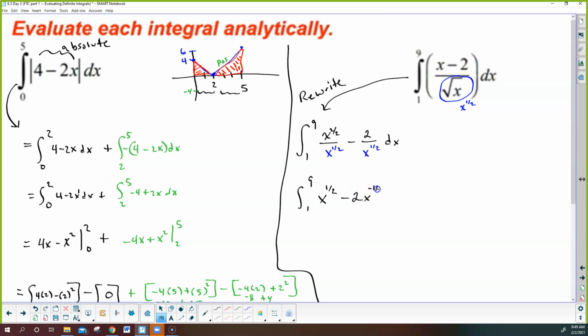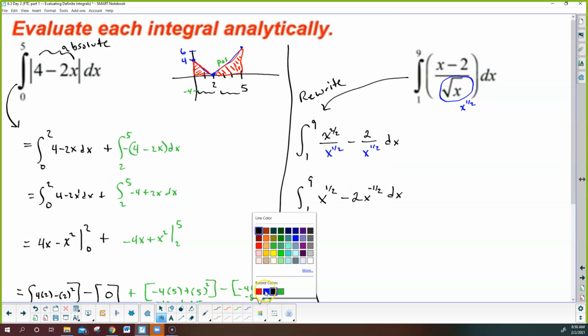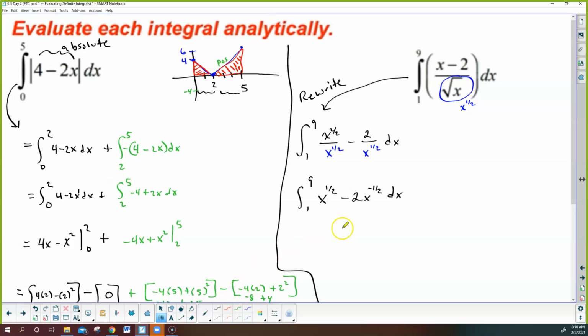So I'm going to bring it up to the numerator and call it negative 2x to the negative 1/2. All right. So now we have it algebraically rewritten, so we can actually do the calculus now.